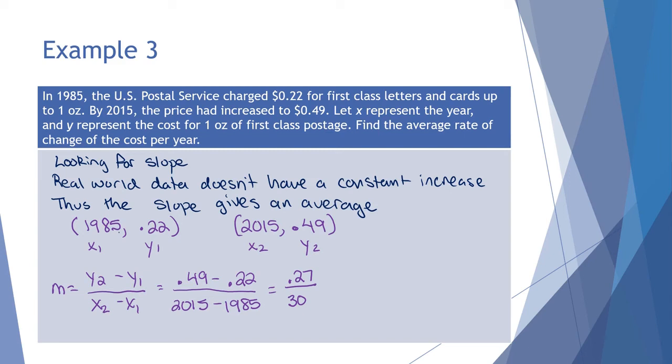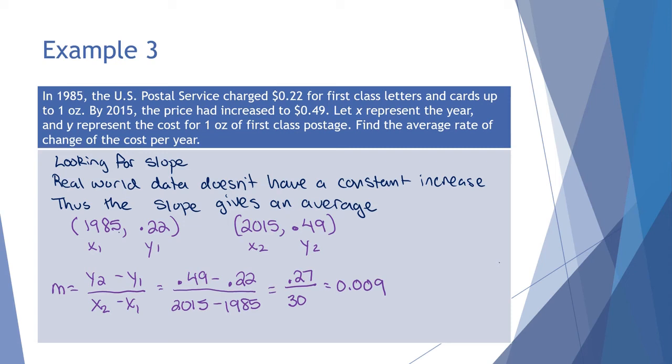We never leave our answers with a decimal in a fraction, so we need to actually divide that out. And that gives us 0.009. Now, because this is real world data, this has units.